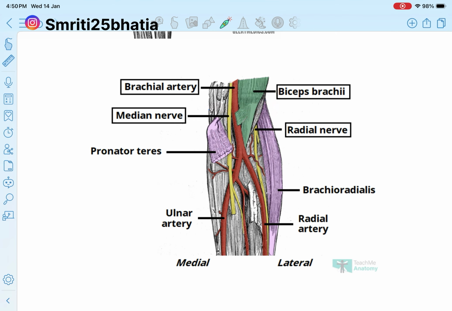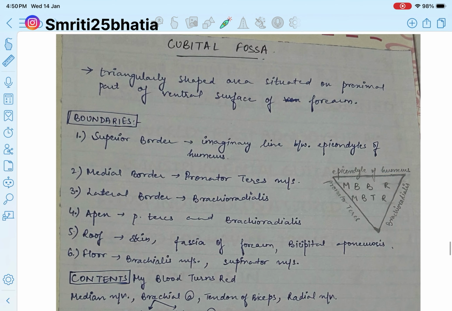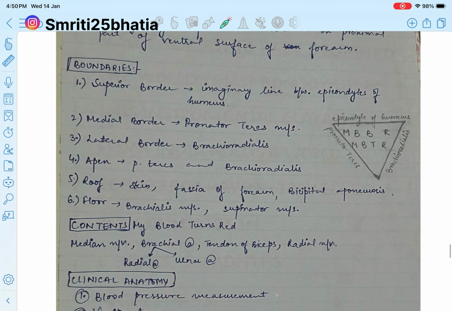Next, these are the notes from which I used to study. These are very simple notes, that's why I have pasted them here. The cubital fossa is the triangular shaped area situated on the proximal part of the ventral surface of the forearm. Boundaries: superior boundary, medial boundary, lateral boundary, apex, roof and floor.